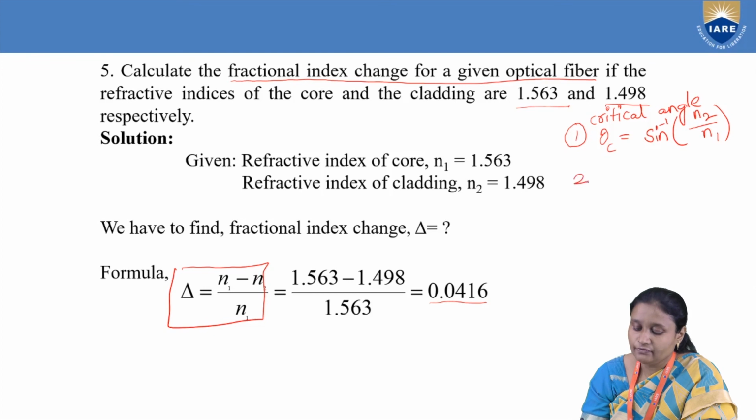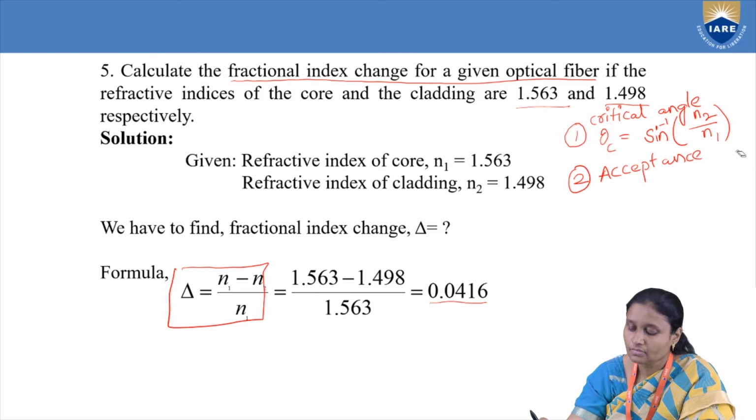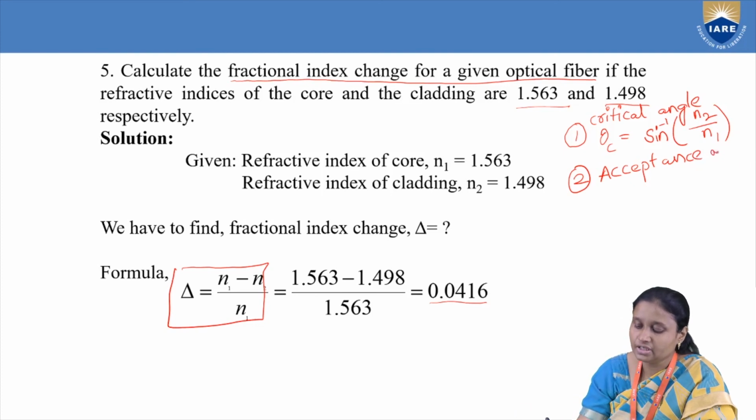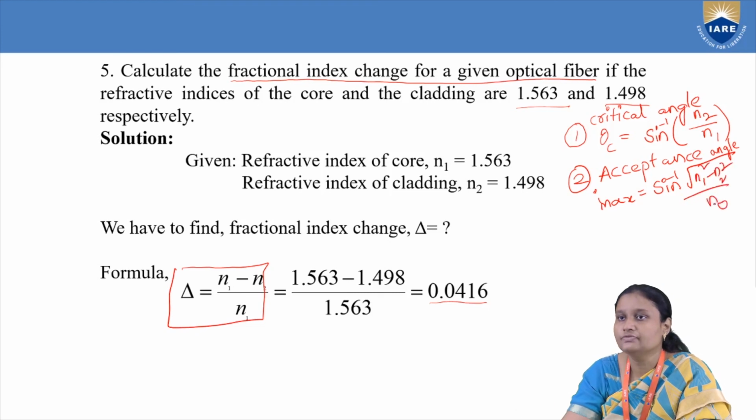Okay. Second, the formula for finding the acceptance angle. How can we find the acceptance angle? In order to find the acceptance angle theta i maximum, we got one formula in terms of the refractive index of core and cladding as sine inverse of square root of n1 square minus n2 square, divided by n0, where n0 is the refractive index of the launching medium.